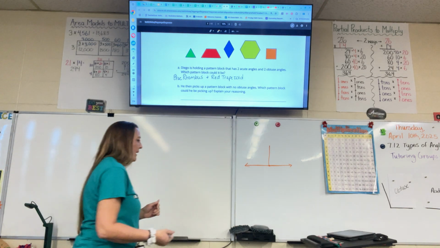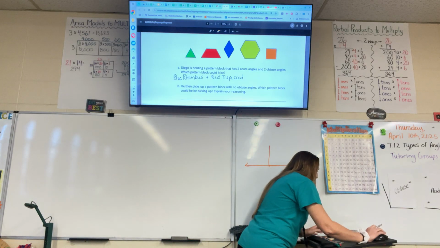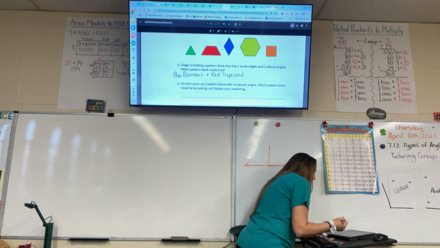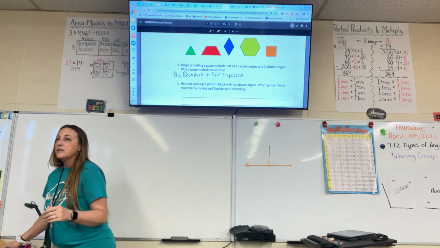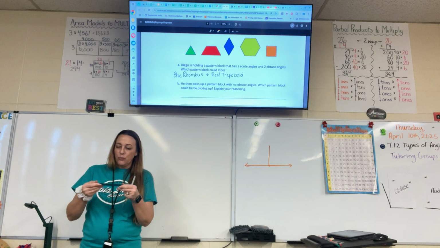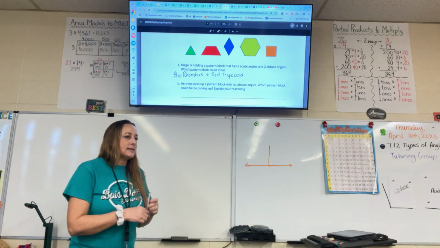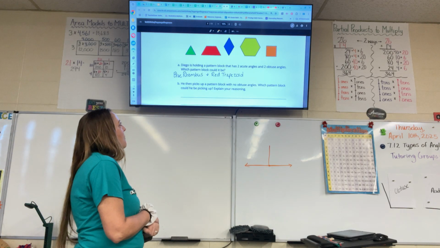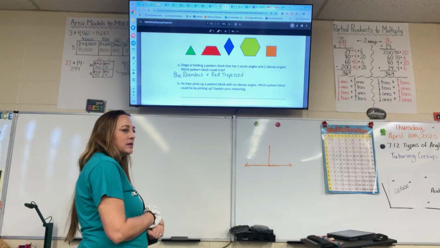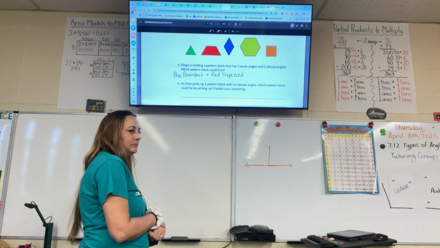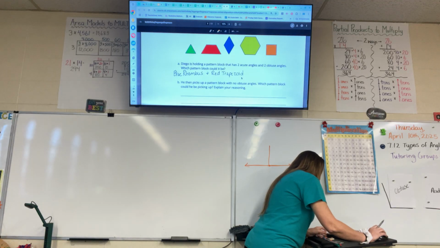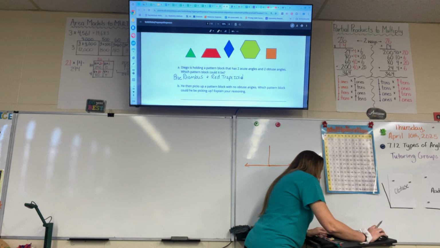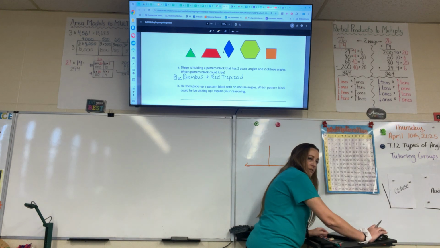Yes, the orange square is made up of 4 right angles, and so no obtuse angles. And then there's one more that has no obtuse angles. Macy, which one is it? Has all little angles. Yes, ma'am. The diamond is a rhombus, and it has 2 acute and 2 obtuse.